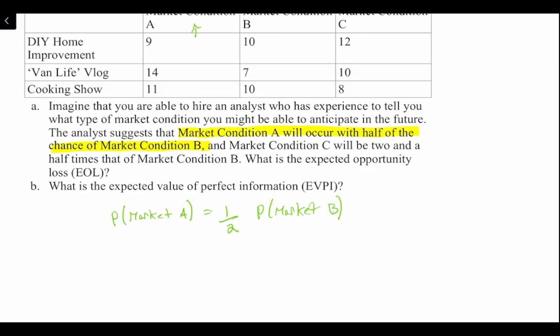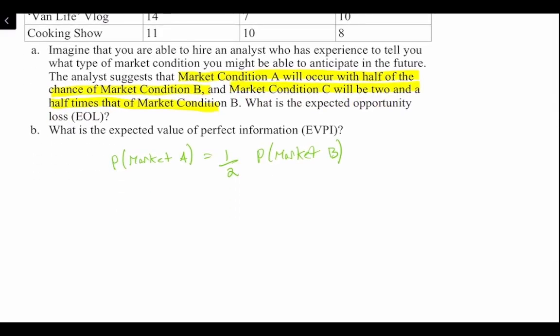This is just what the question has told us. And they've also told us that market condition C will be 2.5 times that of market condition B. So the probability of market C is going to be 2.5 times the probability of market B.